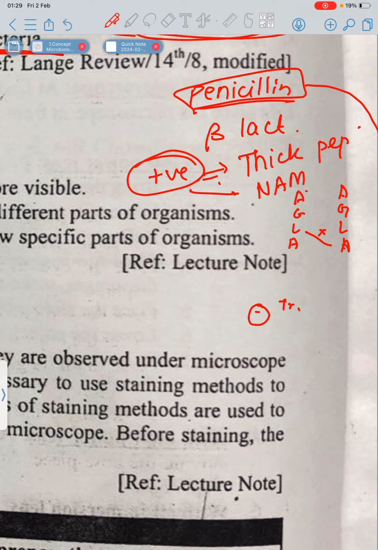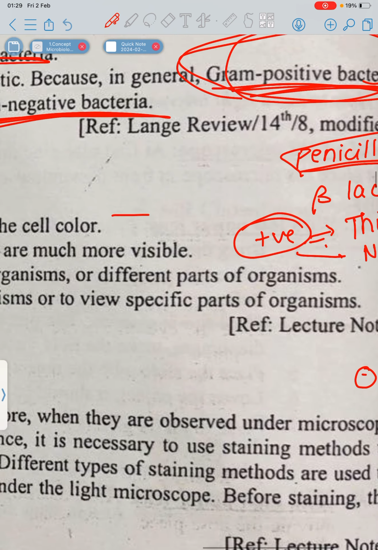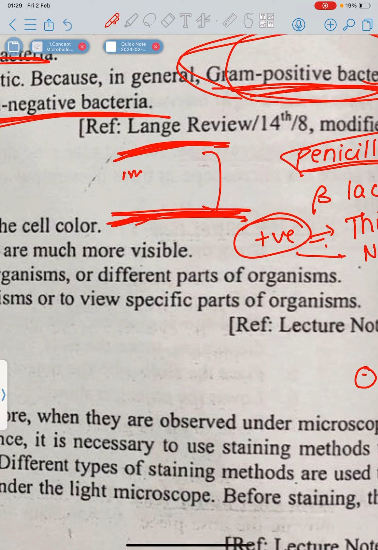But in case of gram negative organisms, they are directly cross linked, there is no transpeptide linkage, so there is no use of giving penicillin in gram negative. That is number one. But what is number two? Number two is that in the gram negative cell wall, there is one inner membrane, outer membrane, and periplasmic space with a peptidoglycan layer in between. In this periplasmic space, there are enzymes, beta lactamases.